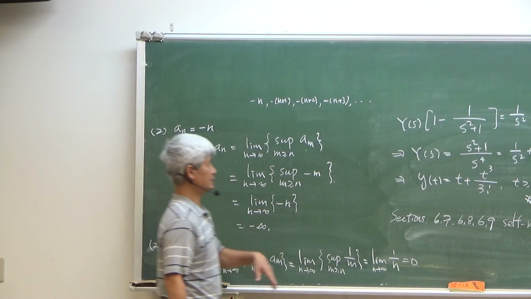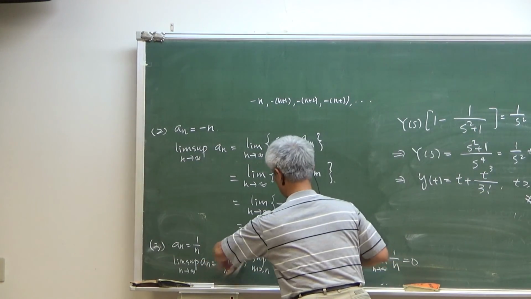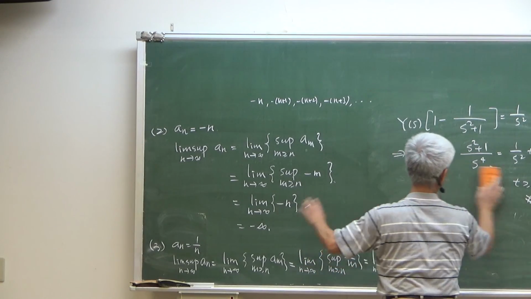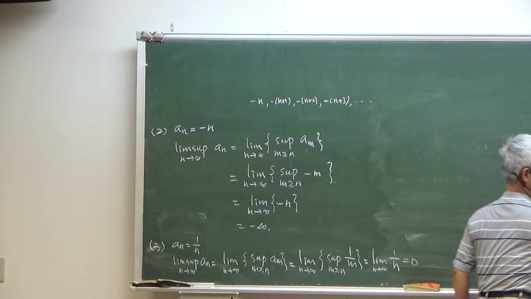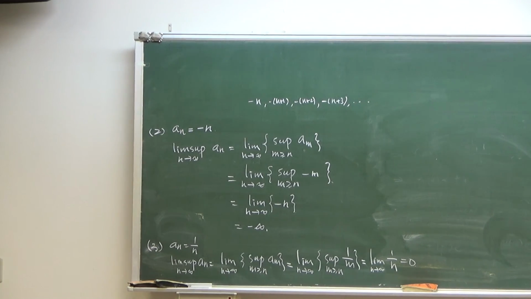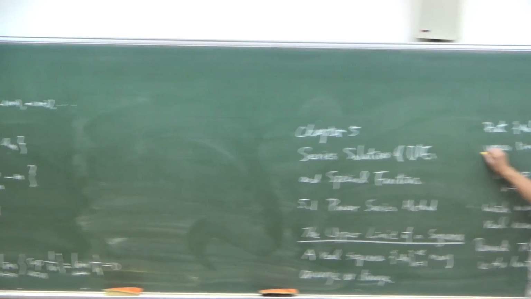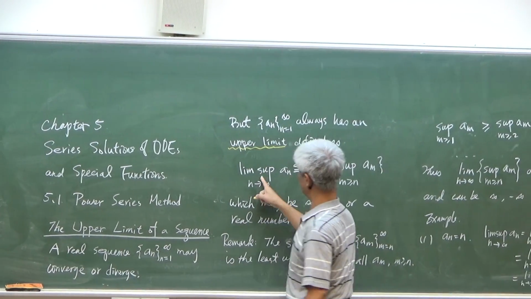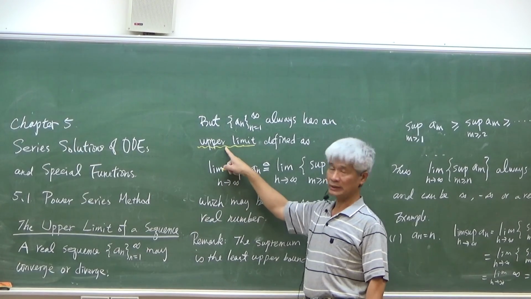So I just take these examples to illustrate the behavior of upper limit. The notation is called limsup. Sometimes I will say limsup, or sometimes I say upper limit.